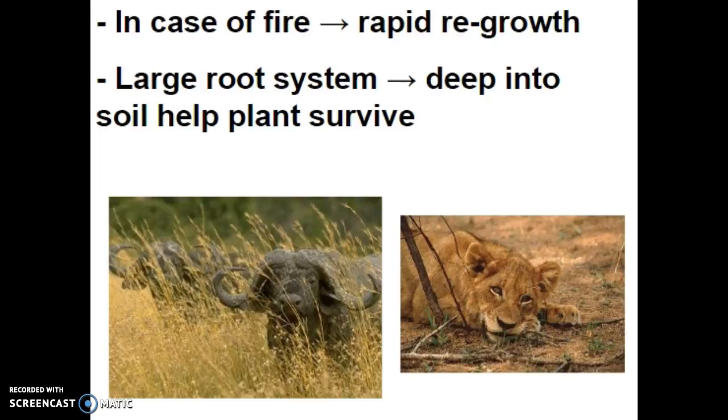Also, in case of a natural grassland fire, if they have a very deep underground root system, then they can regrow much faster. The soil also helps plants survive with their large root system. So again, the moisture that's down in the further reaches of the soil profile can be accessed.